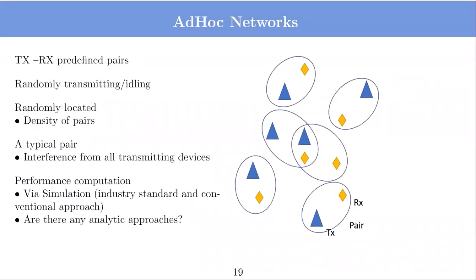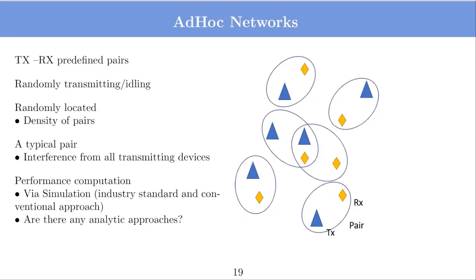Then they are randomly located in the sense that there is no fixed deployment. Everyone can deploy them differently at their house. So we talk here not exactly about the cell-to-cell distance, but the density of pairs. What is the density? How many transmitters per square kilometer you can expect?